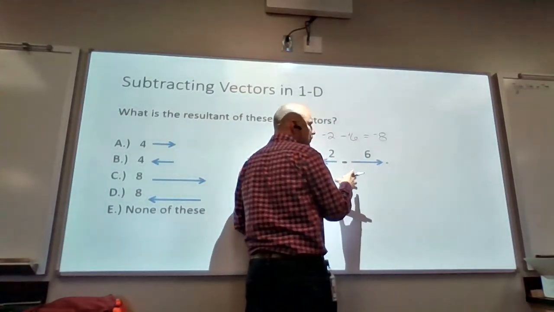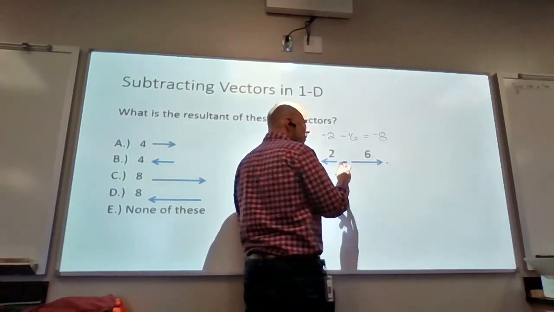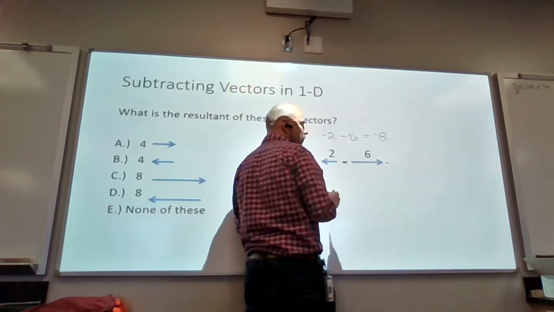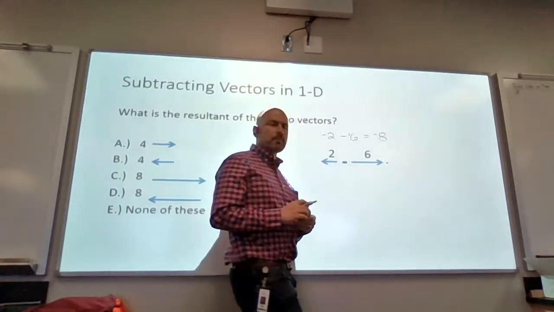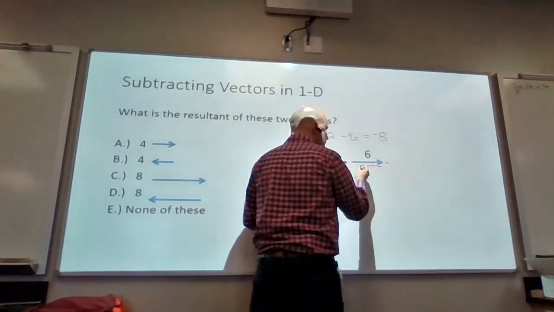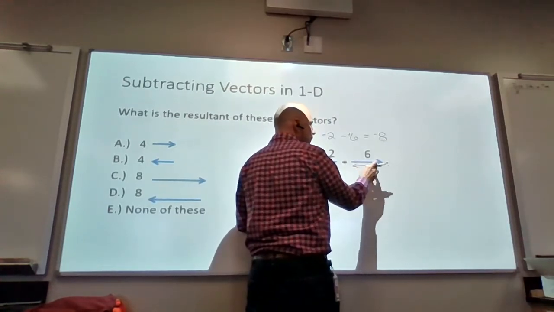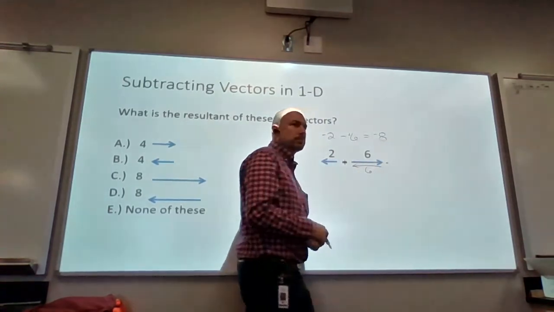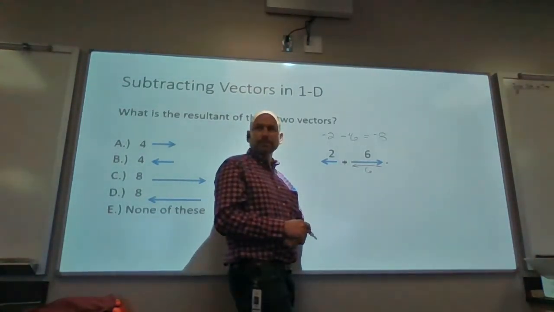Here, it's the same problem. I'm just going to show it in a little different way. Which one are we applying the negative to? The 6. So we say plus a negative 6. I'm going to flip this. Does that make sense?